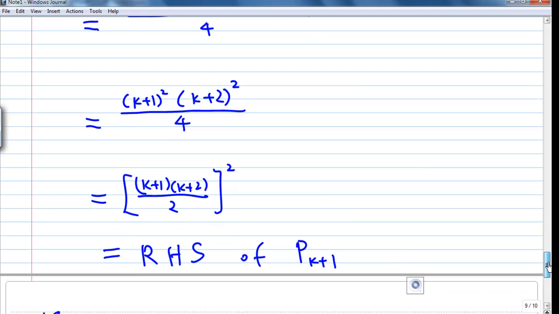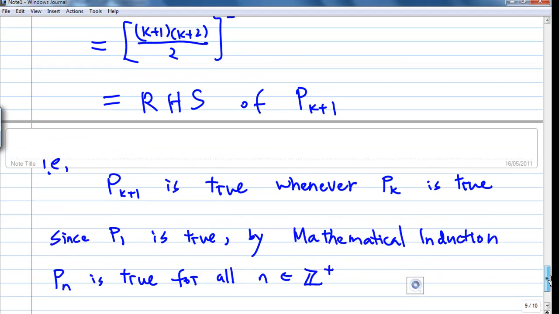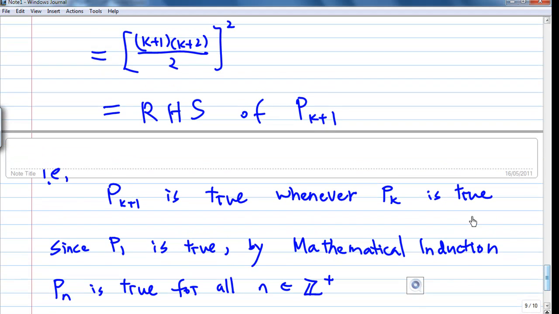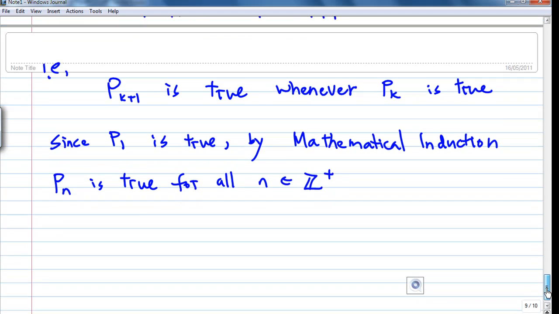So we have proved that Pk plus 1 is true whenever Pk is true. And since we also proved P1 is true, by mathematical induction, Pn is true for all n in the positive integers. That's the end of the proof.